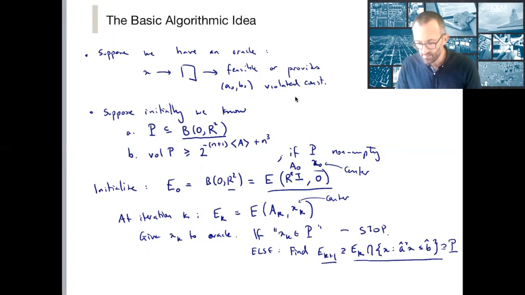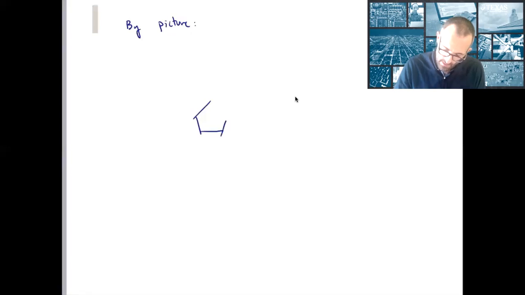So what this is basically doing is it is going to corner, it's going to try to find smaller and smaller sets that contain our ellipsoid. So let's just see what the picture is here. By picture, what we've spelled out so far is that there is some polytope given by these extreme points, and this is the set, and our goal is to find something in there.